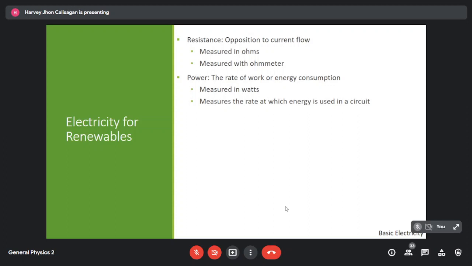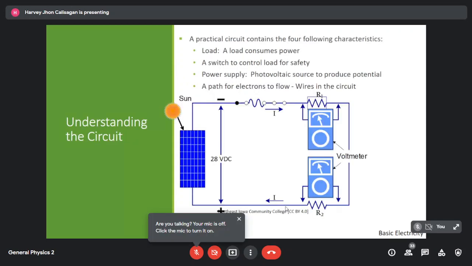Either we are talking about the amount, the time where the power was used, or the actual person who is using the power to do some work. Okay, so power is measured in watts, and it also measures the rate at which energy is used in the circuit. So it's the same thing.